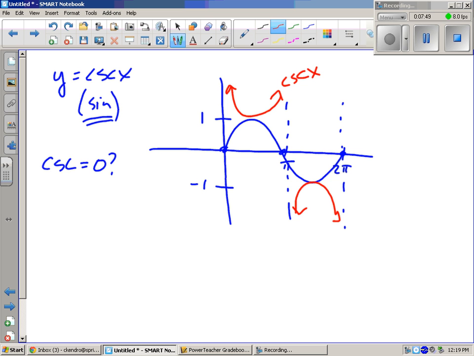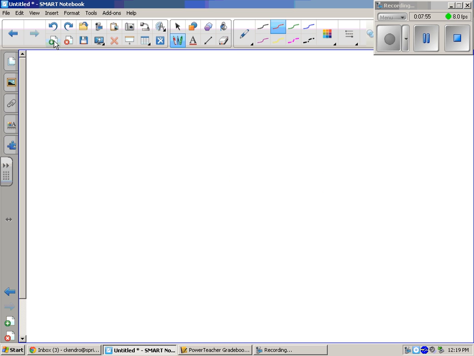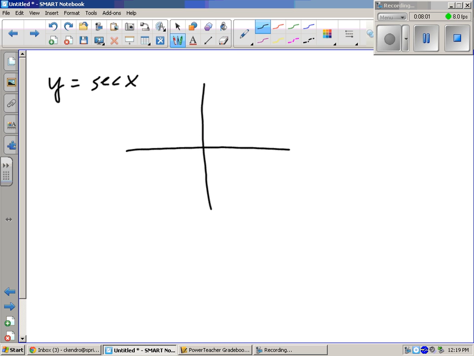Okay, let's look at secant now. All right, so we're just getting the general idea of what the graphs look like here. Secant, remember, is the evil twin of cosine, so I'm going to draw the cosine graph. Normally, 1, negative 1. Normally it goes like this.